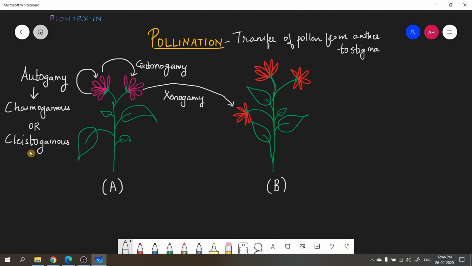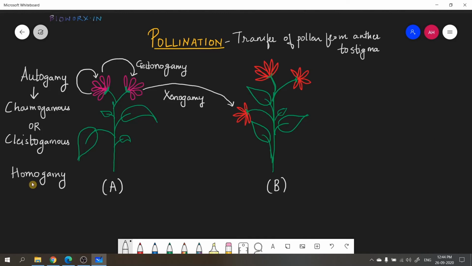There is one more condition that can favor autogamy or self-pollination, and that is called as homogamy. Let me mention that here. Homogamy. And what is homogamy? Homo means same. So homogamy is a condition where the anther and the stigma mature at the same time, right?